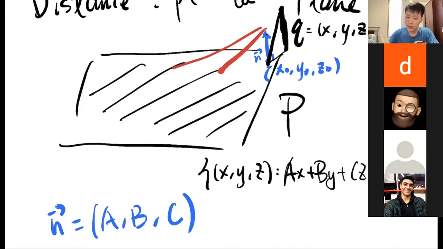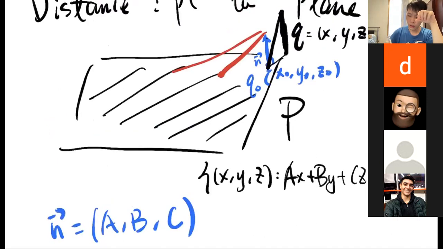So what is this vector joining the points? Let's say the point on the plane is Q0, sorry, too many x's. The point from Q0 on the plane to the point Q, we can always find the vector joining these 2 points. So let's use the red line representing the vector Q0Q.